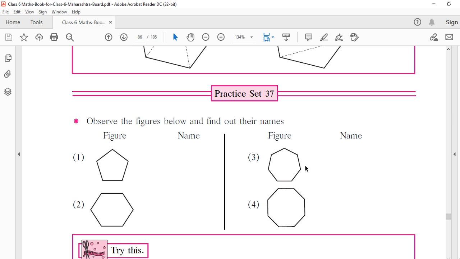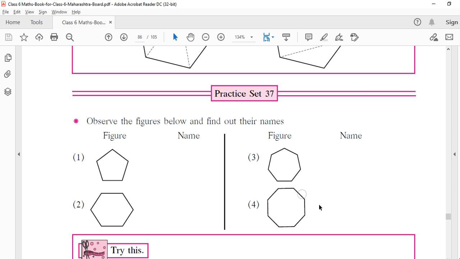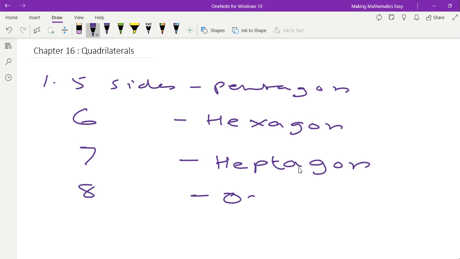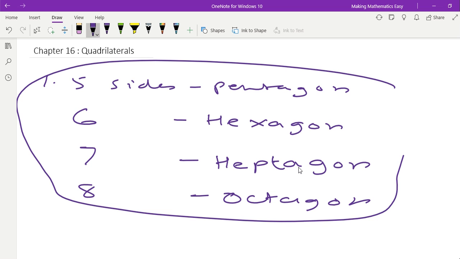Next is 1, 2, 3, 4, 5, 6, 7. 7 sides is a heptagon. Next is 8 sides, 1, 2, 3, 4, 5, 6, 7, 8. This is called an octagon. You need to remember this. This can come in match the column. A polygon with 5 sides is called what? You need to match this.